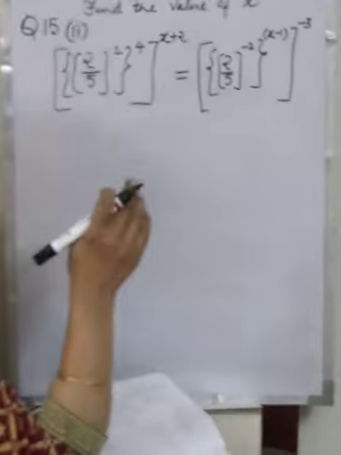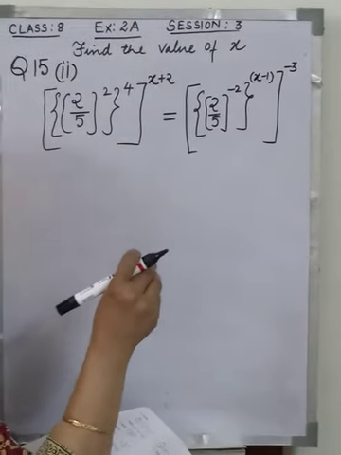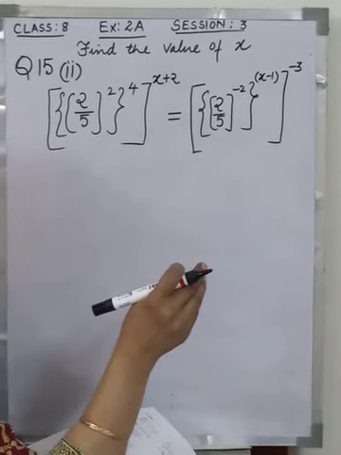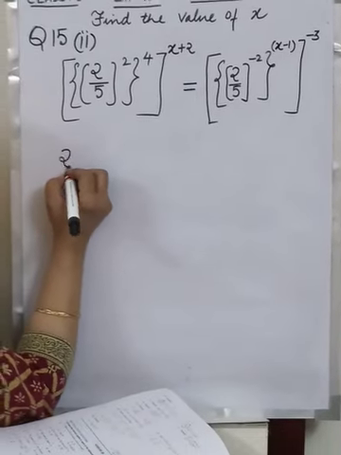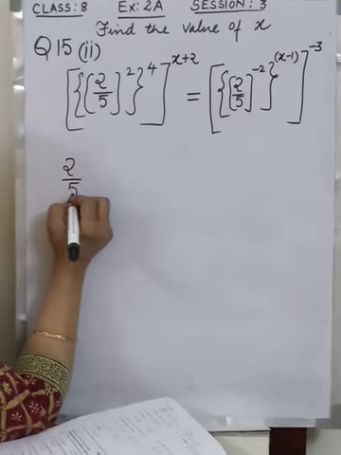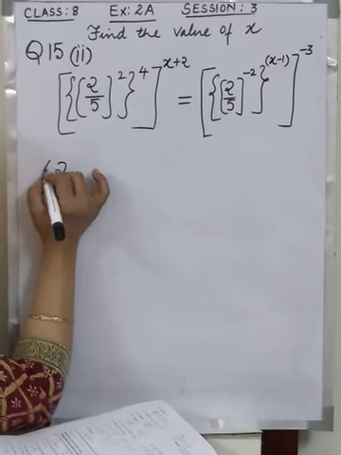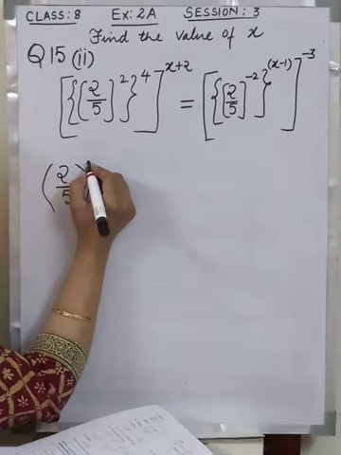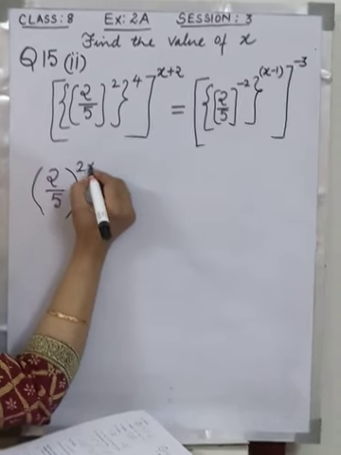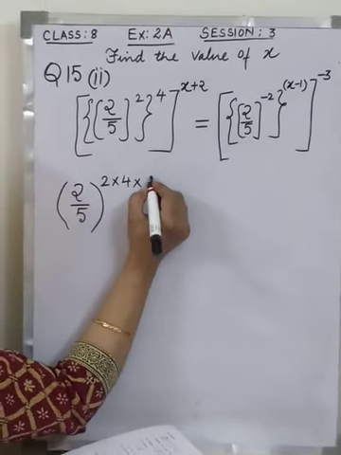So we learned the law that if you have power on power, power gets multiplied. So we multiply all the powers of the LHS and RHS. So what we'll get? 2 by 5 whole to the power 2 into 4 into x plus 2.